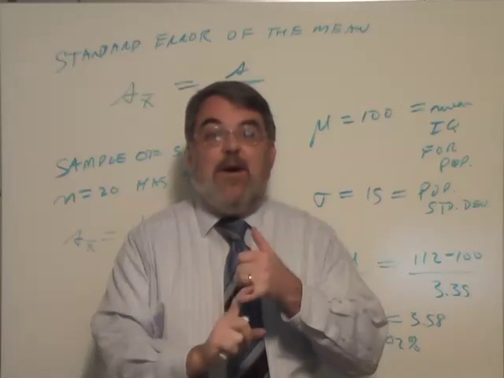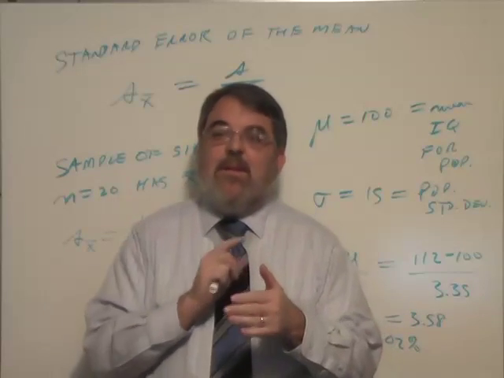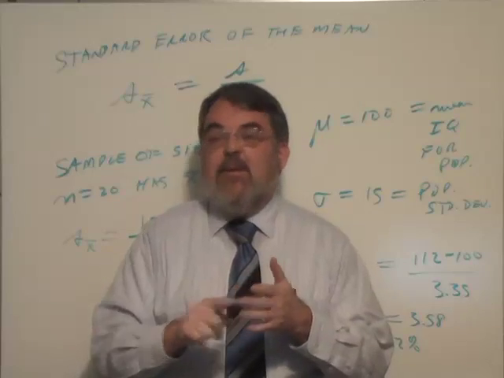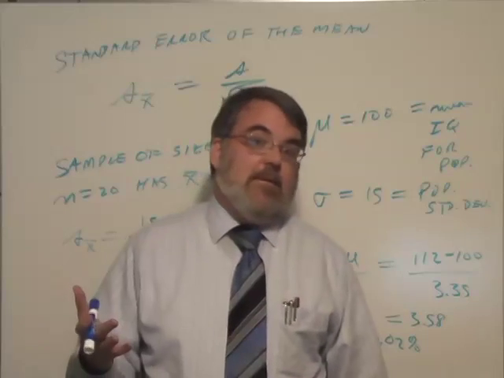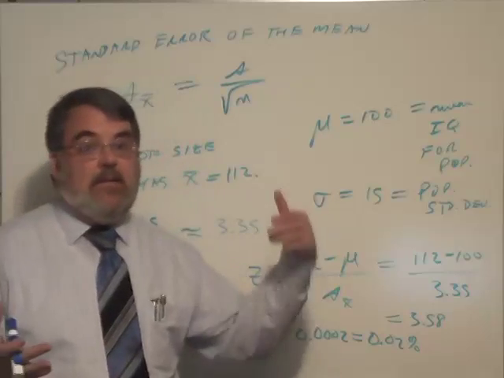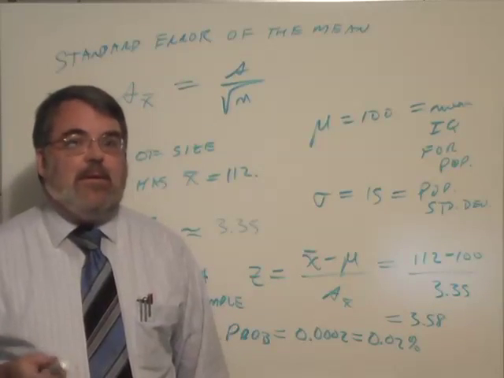So we will now reject the idea that Math 160 students have an average IQ of 100. We reject that assumption because the probability of that assumption being true is astronomically small. So we're going to conclude that Math 160 students really are smarter than the average population.